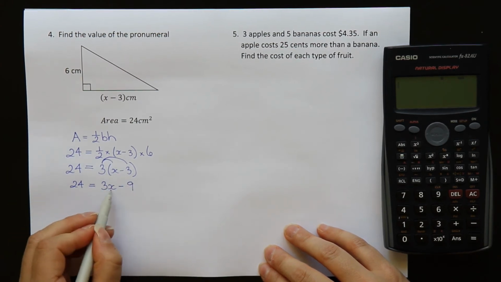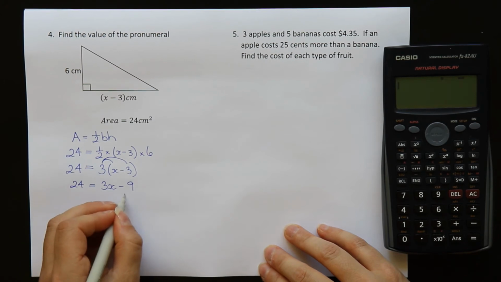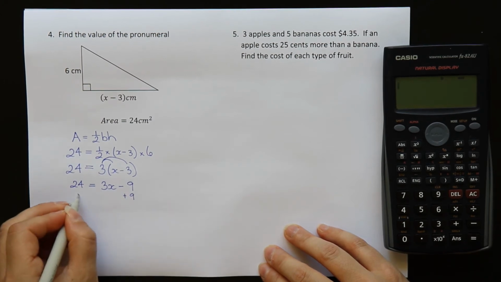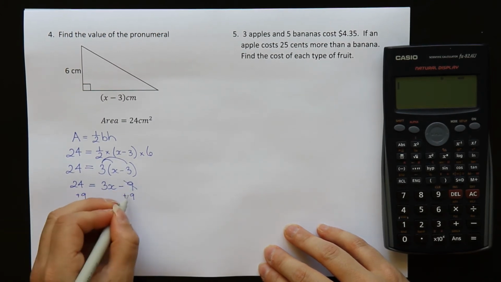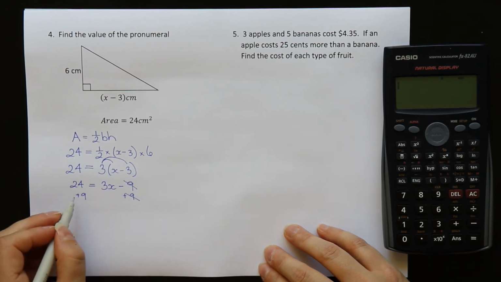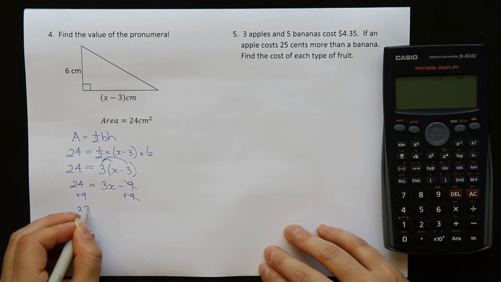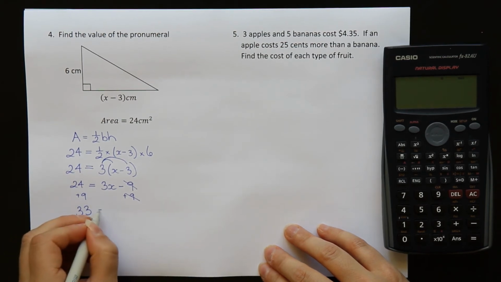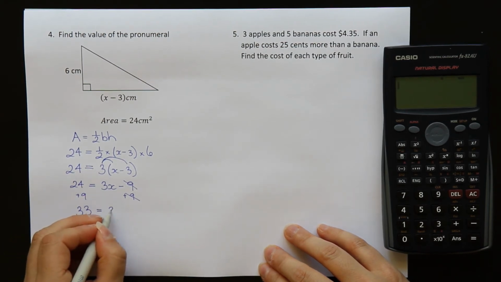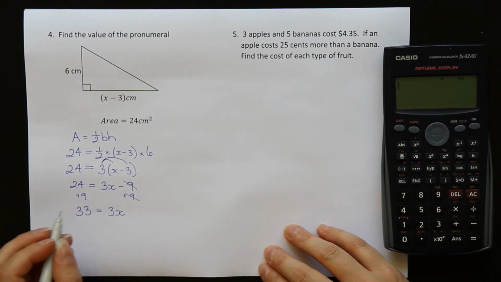So then I want to get the x by itself. So let's add the 9, add the 9. 24 plus 9 is 33 equals, and I still have 3x over here.